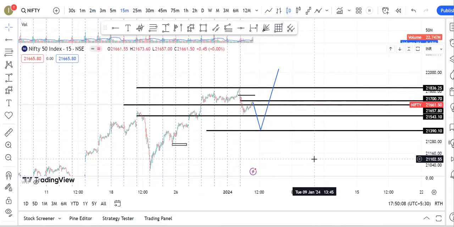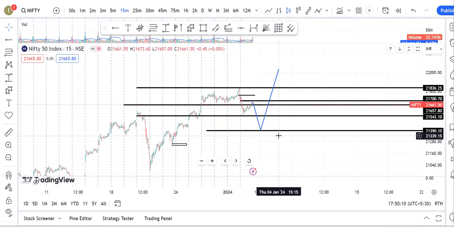So you can extrapolate levels based on mathematical calculation and also based on the wicks. You can define the range, the day's range, and also the weekly range, because it is very necessary for option sellers. Option writers will define the range and start selling below that range.